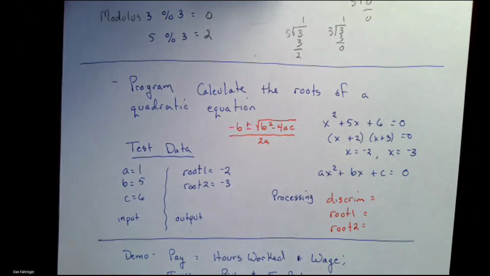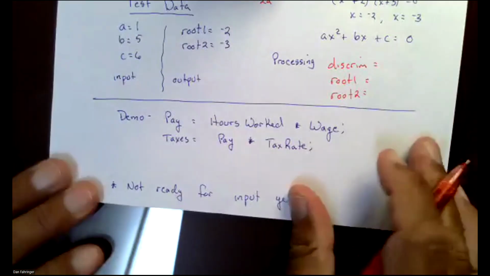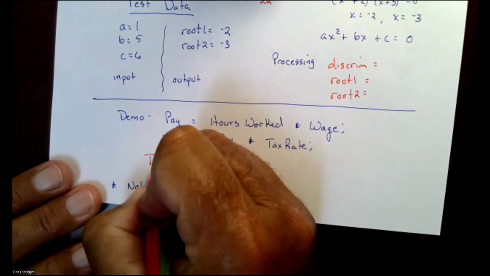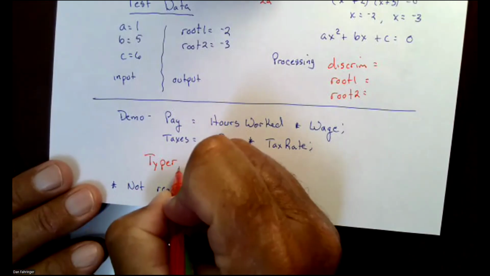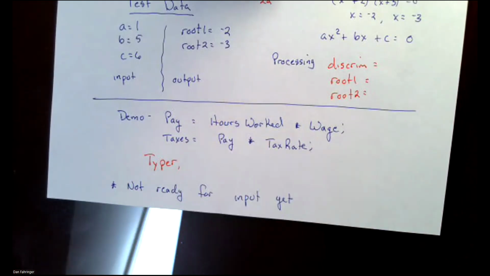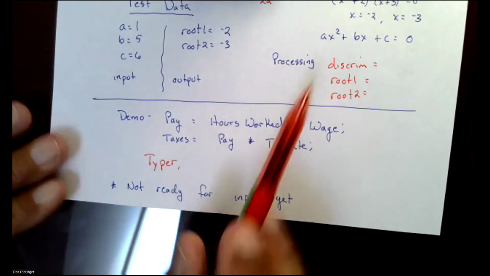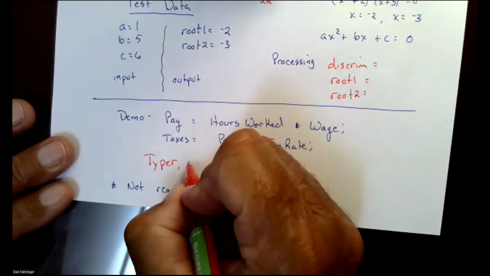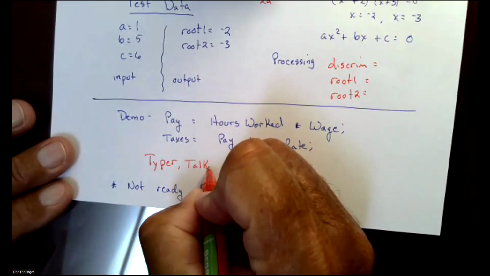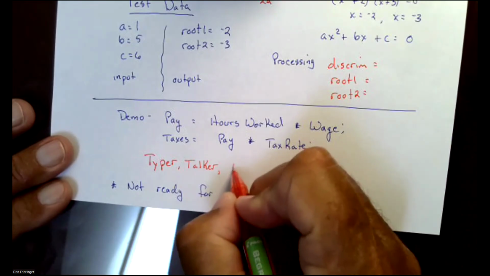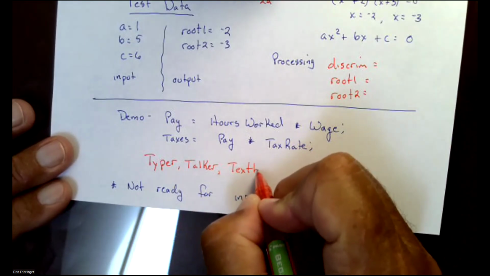Now, when you go into a group, just like we did a moment ago, there is going to be a typer. That was me. I'm just going to type. I don't need to do all the thinking part. Y'all are going to do all the thinking. So the second person is going to be the talker. The third person is going to be the textbook person.